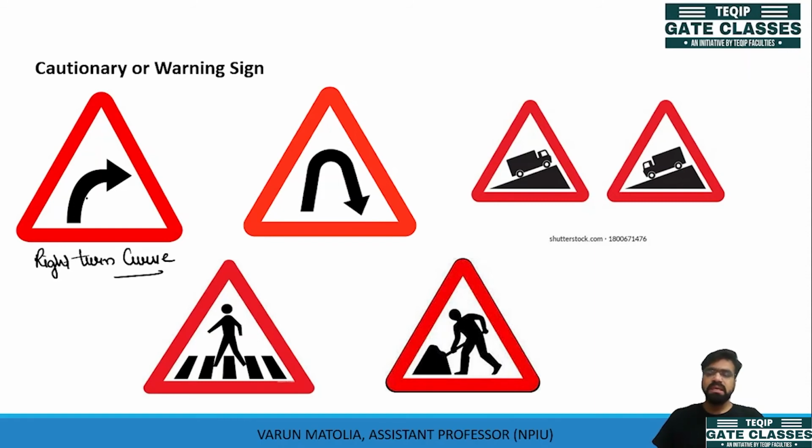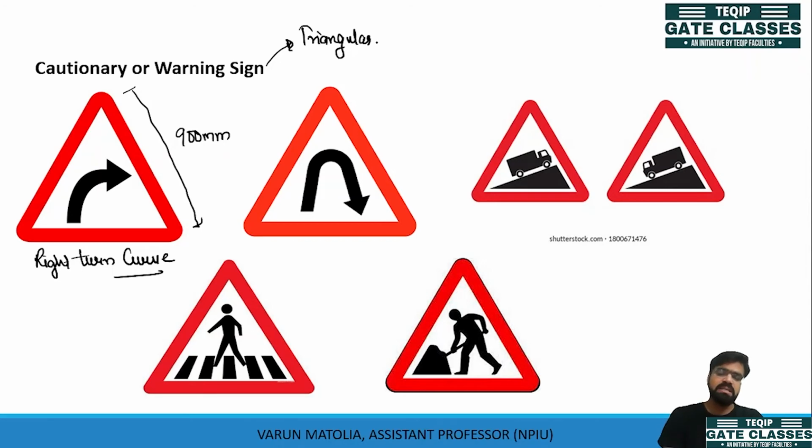You can see this sign on the road whenever there is a right turn on the road. So these are the specifications. The size of the sign is similar to what we have already studied. The shape will be triangular.